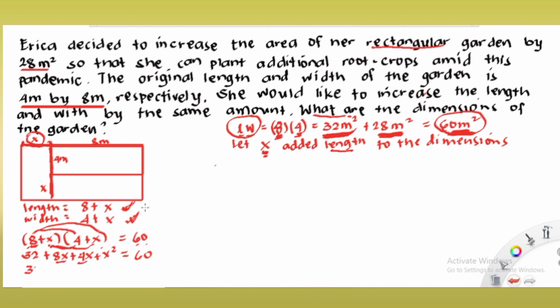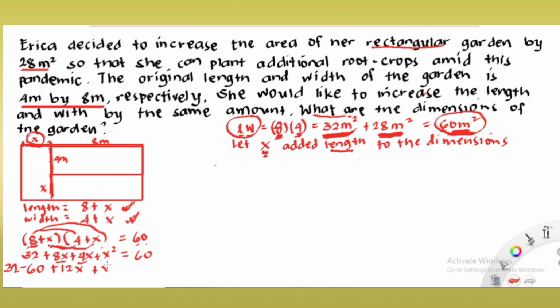Or if you'd like, pwede na rin natin ilipat sa 60 on the other side of the equal sign para ma-combine natin kay 32. So we're gonna have 32, or adjust natin konti para magpantay yung equal signs. So that will become 32. So 60 will become negative, so minus 60. Okay, and then 8x plus 4x combine natin, that's equal to 12x.